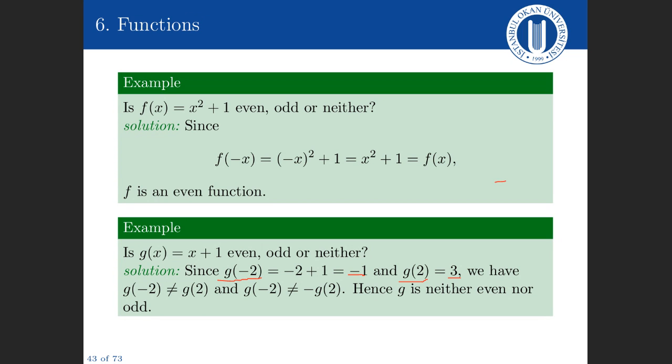These are not the same. Minus 1 is not equal to 3, so it's not an even function. But minus 1 is also not equal to minus 3, so it's not an odd function. This function is neither even nor odd.